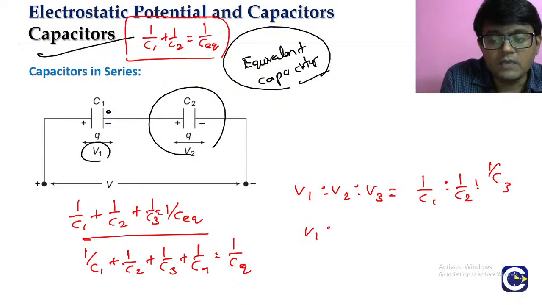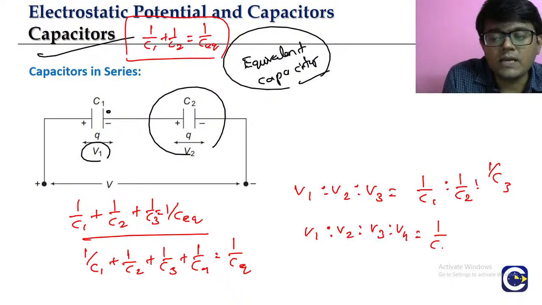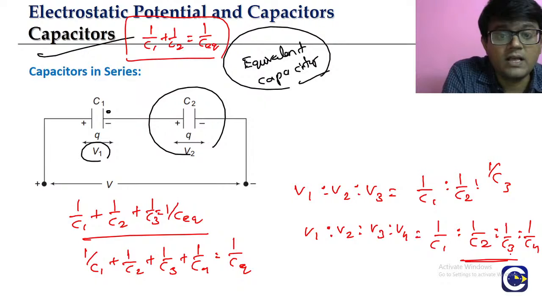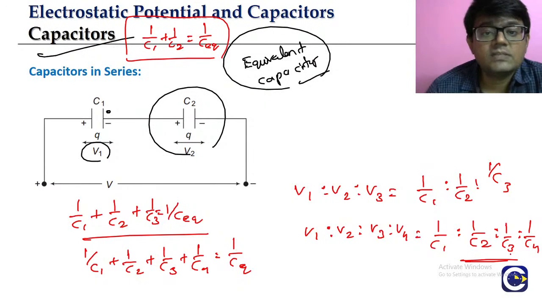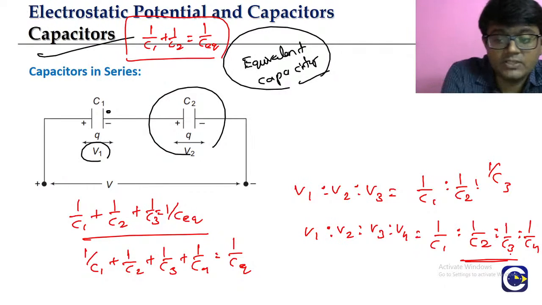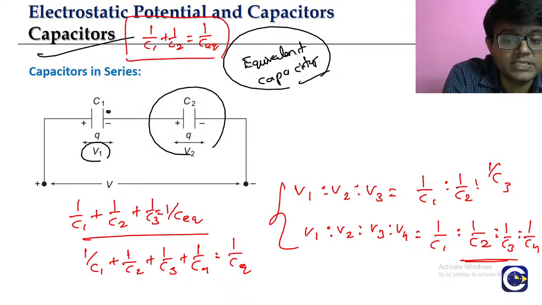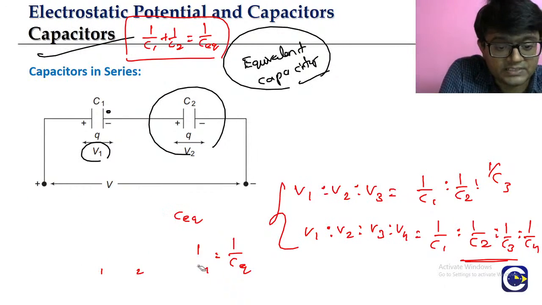If you have four, what is it? 1 by C1 is to 1 by C2, 1 by C3, 1 by C4. Okay? That is the ratio of the potential differences across each of the capacitors. Because while solving problems in the series combination, we are going to use these results. So this is about the series combination of the capacitors.